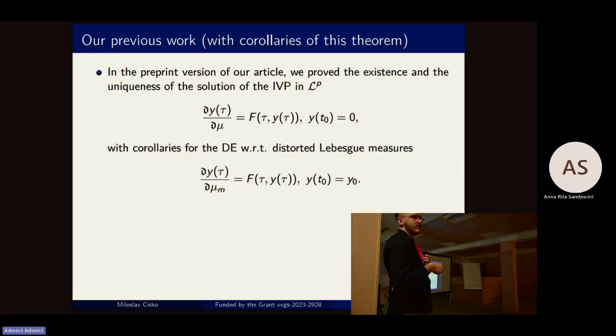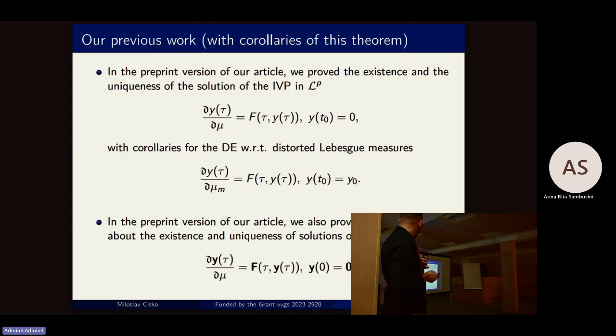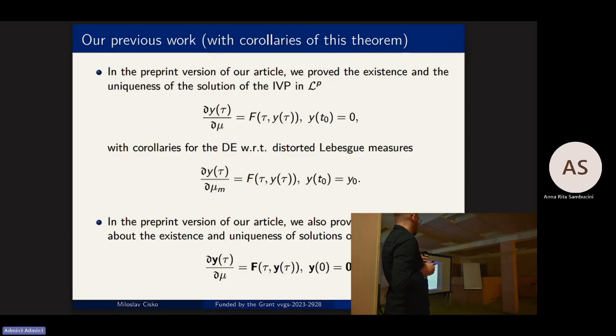So we extended from just distorted Lebesgue measures under some conditions, and it is also clear that for the differential equation with respect to distorted Lebesgue measure, the solutions exist and are unique. And we moved even more. So we proved it also for the system of differential equations. Those conditions for the distorted Lebesgue measures are not as strict as for the general fuzzy measures, because the distorted Lebesgue measure has some good properties.